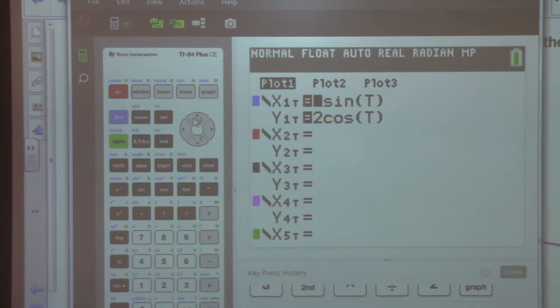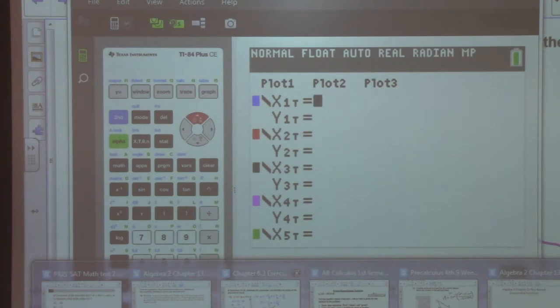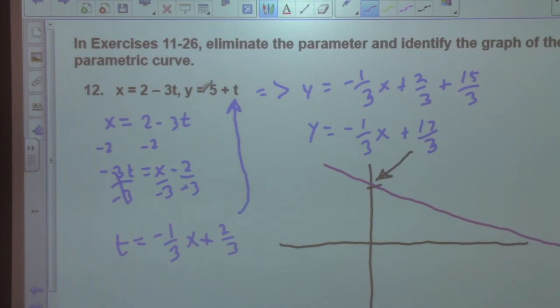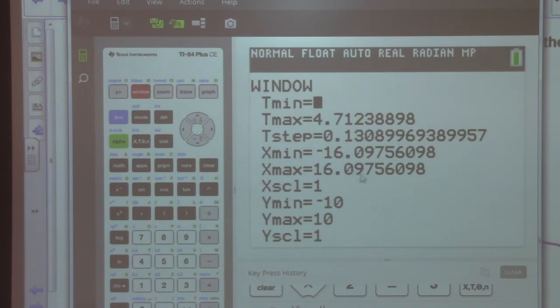But let me go ahead. I want to turn off the plot because I'm getting a messed up trace here. So I'm clear. So over here, what we have is 2 minus 3t and 5 plus t, right? Sometimes it could be your window that's messed up.